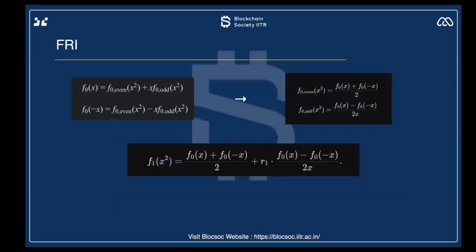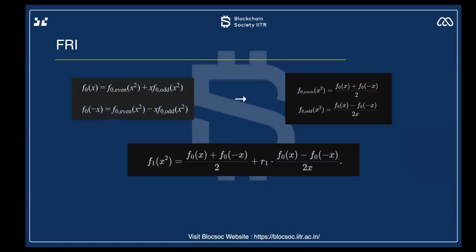All the work done till now in FRI is done by the prover, except for the seed provided to the prover by the verifier. So now the verifier needs to be convinced that the prover actually calculated all the polynomials. So how is the verification done?